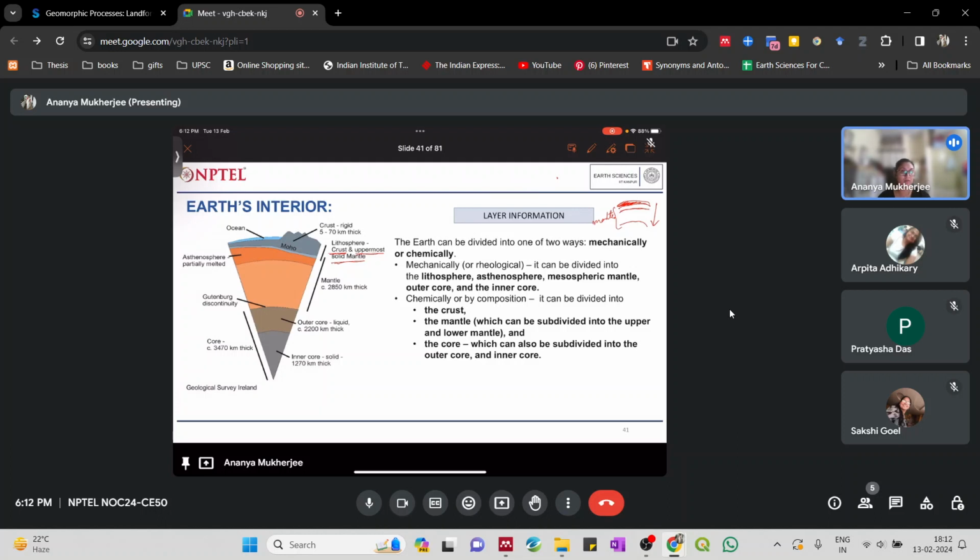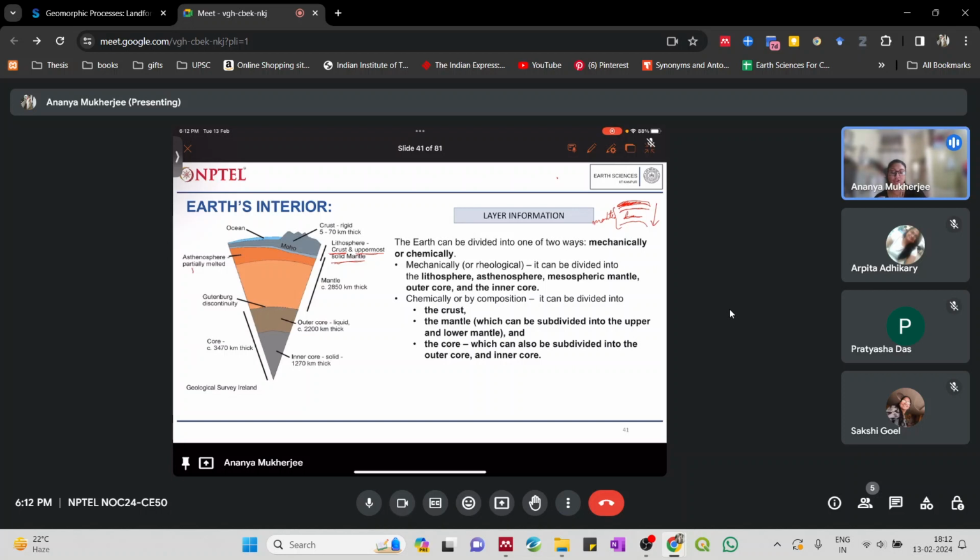We will see which layer that will fall into. And then you have mostly a liquid mantle over here. So the mantle itself can exist in three different kinds of natural states. So the lithosphere consists of the entire solid crust, the Earth's crust, and the solid part of the mantle. Then what is asthenosphere? Asthenosphere is actually below the lithosphere.